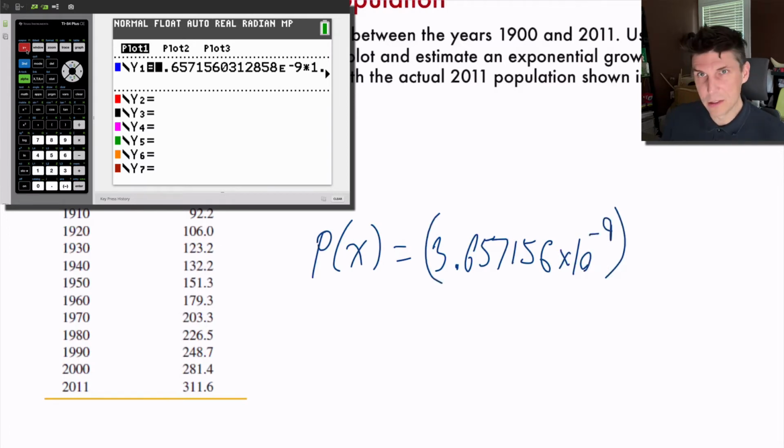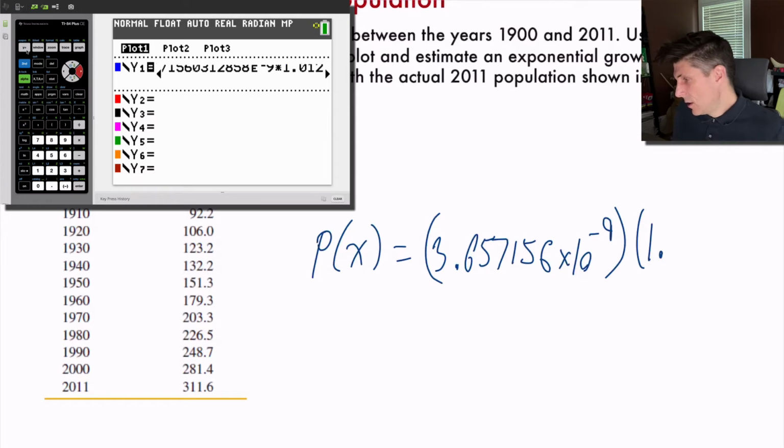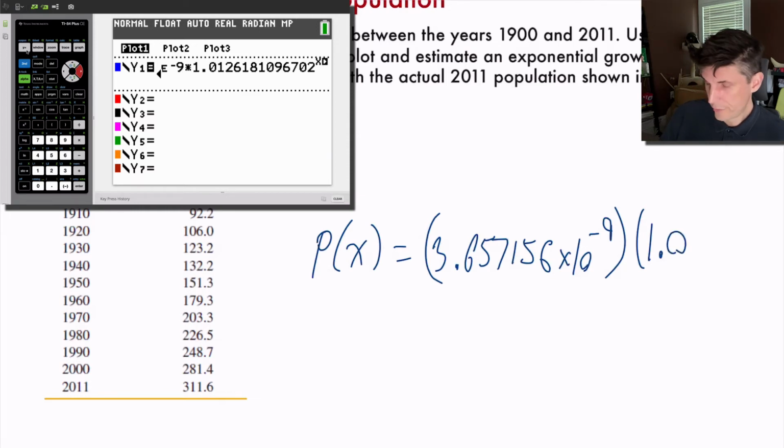I mean, we could literally move the decimal over if we wanted to, but this is fine. All right, so times 1.01261 to the X power. Okay, so I should be able to plug in any year now and get some results.